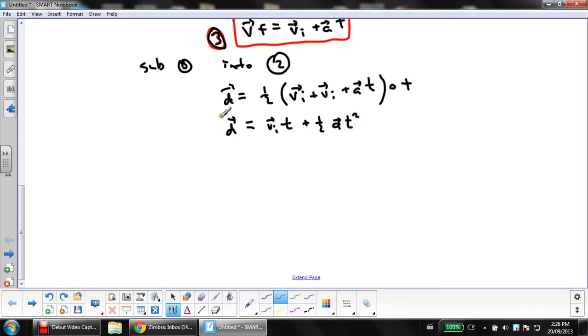Another neat, useful formula. And I'm going to call that number 4.